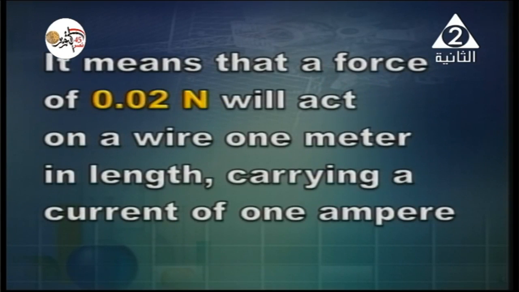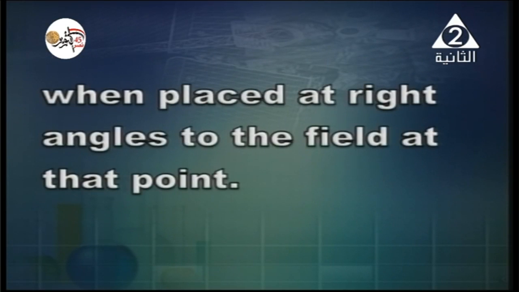It means a force of 0.02 Newton would act on a wire 1 meter in length carrying a current of 1 ampere, when placed at right angles, perpendicular to the field at that point. Thank you very much.